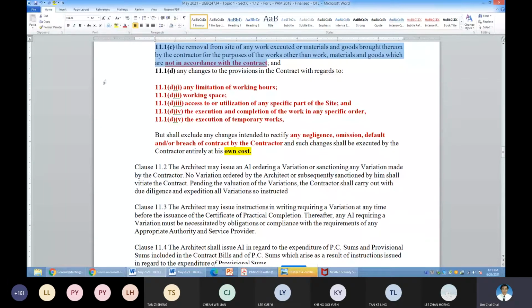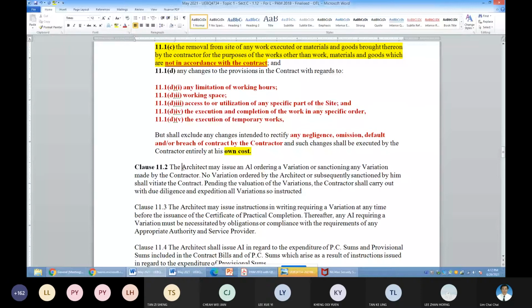Now we go into the next one, clause 11.2. This clause gives the architect the authority to issue an AI in relation to the project. For all the AI issued by the architect, it means no variation ordered by the architect shall reshape the contract. What does it mean?